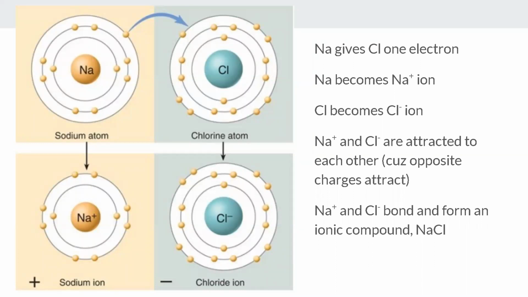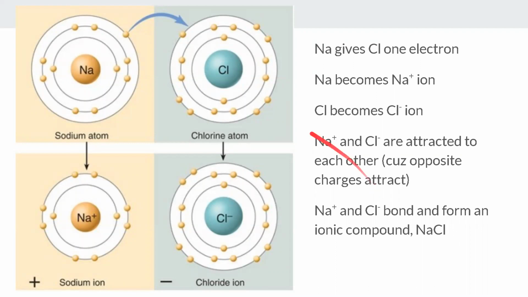So when Na and Cl become ions, like Na plus and Cl minus, they are attracted to each other because opposite charges attract. So the Na plus and the Cl minus bond to form an ionic compound, NaCl. Does that make sense?